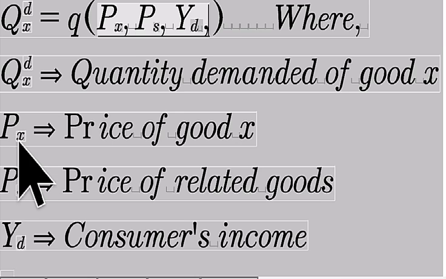P_x implies price of good x. P_s implies price of related or substitute goods, while Y_d, which is the disposable income of the consumer, implies consumer's income.